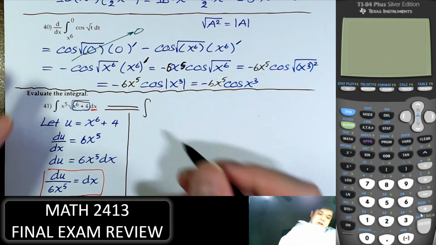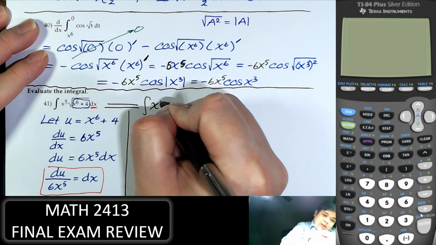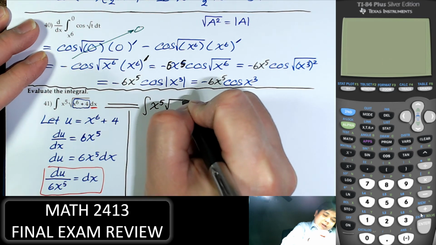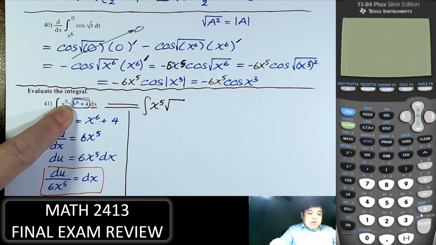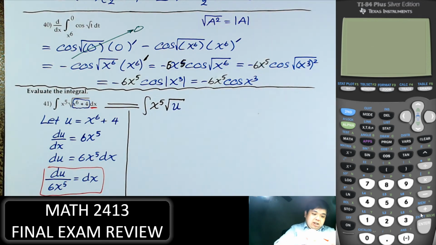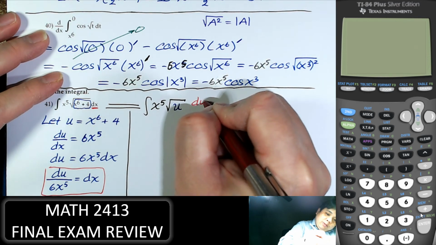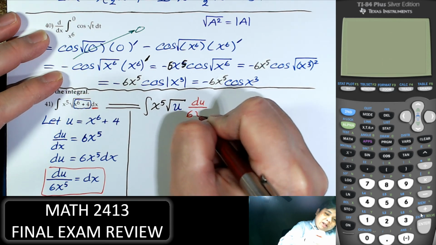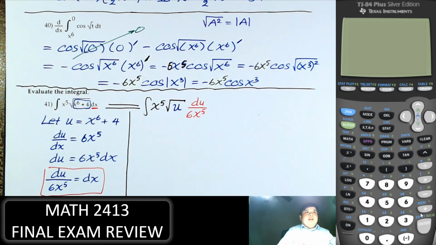Integral. We have x to the fifth and square root. X to the 6 plus 4 is going to be u. And dx is du divided by 6x to the fifth. Right.